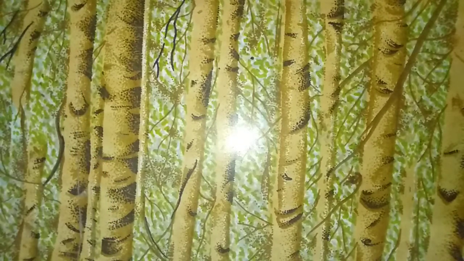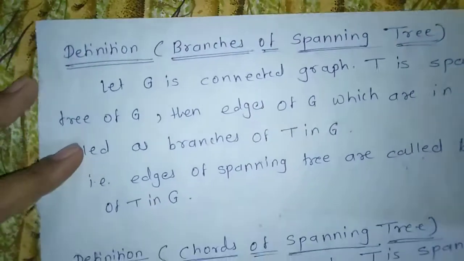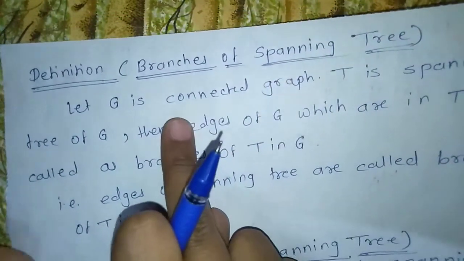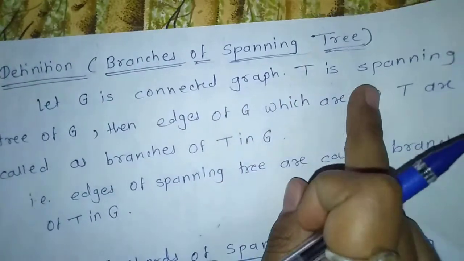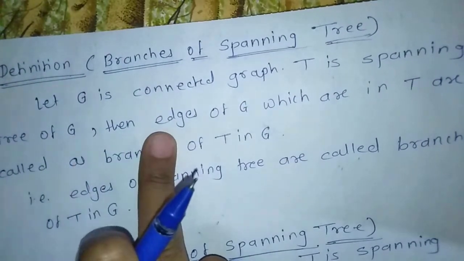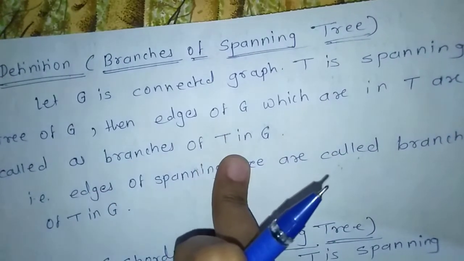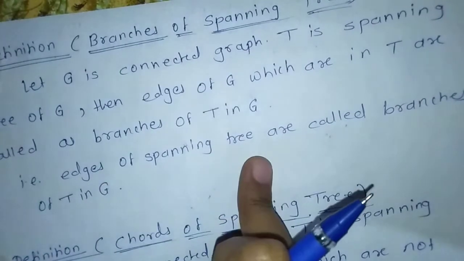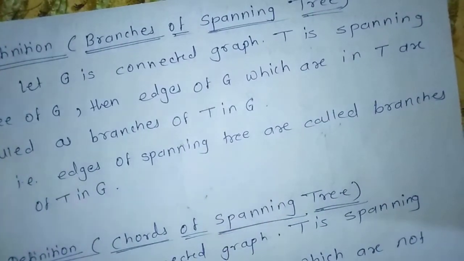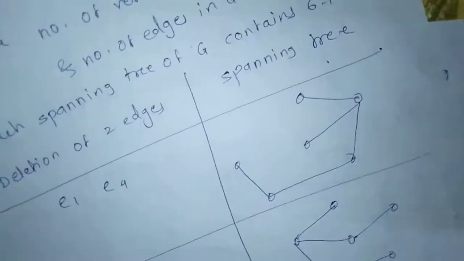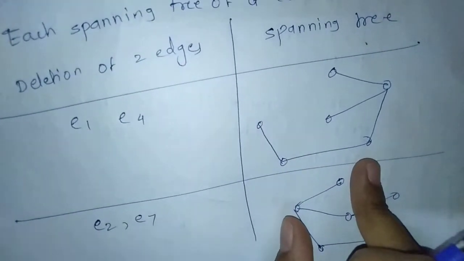Now next, the definition of branches of a spanning tree. What is meant by branches of a spanning tree? Let G be a connected graph, T a spanning tree of G, then the edges of G which are in T are called branches of T in G. That is, the edges of a spanning tree are called branches of T in G. If we have a question to find the branches of a spanning tree of this graph, here we have already drawn one spanning tree.